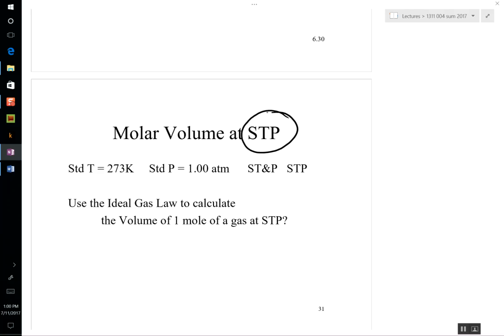And we just say, let's talk about them at the same temperature and pressure. So standard temperature is the freezing point of water, 273 degrees Kelvin. Standard pressure is more or less sea level, one complete atmosphere. Those are your standard temperature and pressure.